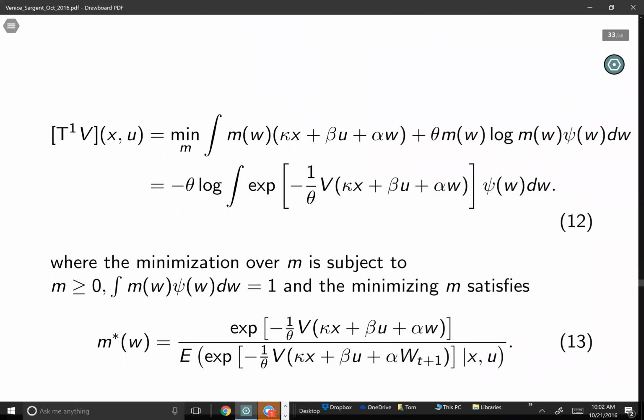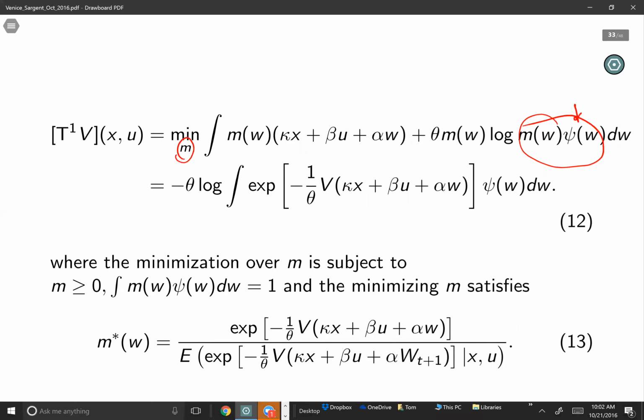Okay, so here's the T1 operator. It's going to look a lot like the earlier one. What we're going to do is choose an M, but now what M is going to distort is the distribution of the W. Before it was distorting the distribution of the betas. Now I'm pretending I know beta, alpha, and kappa, presuming that I'm backed off of Friedman.